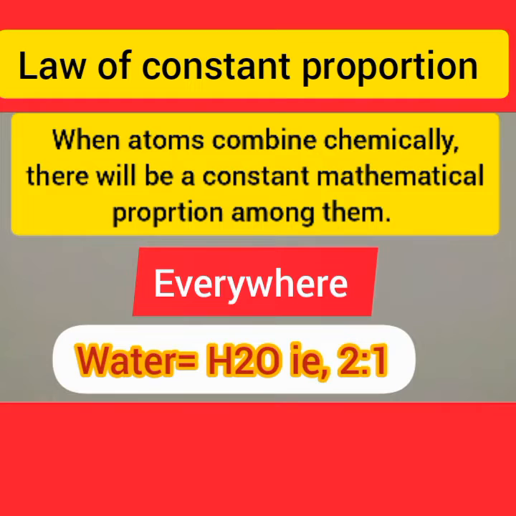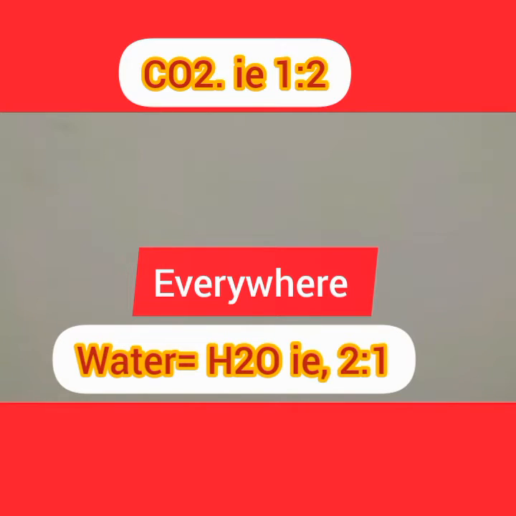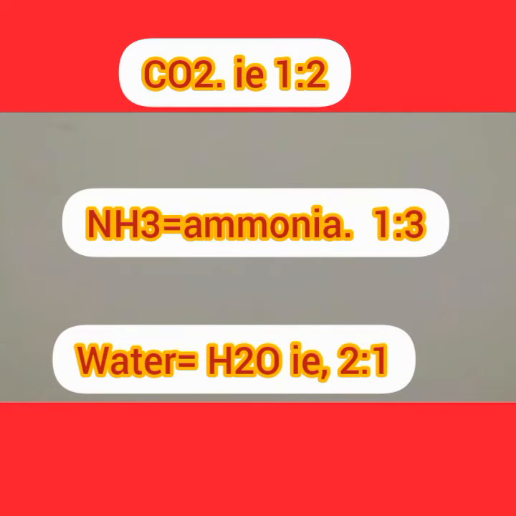That means the mathematical proportion is 2:1. If you go anywhere in the universe, in any galaxy, H2O will be the same, that proportion will be the same. Next is carbon dioxide, that is 1 carbon joined with 2 oxygen, the proportion is 1:2. Anywhere, everywhere, it will be like this. Let us take the case of ammonia, NH3. It is 1:3. This is the only meaning of the law of constant proportion.